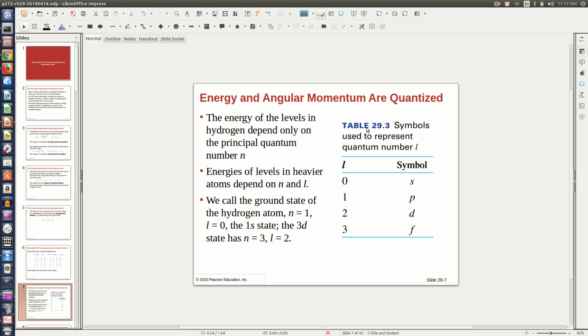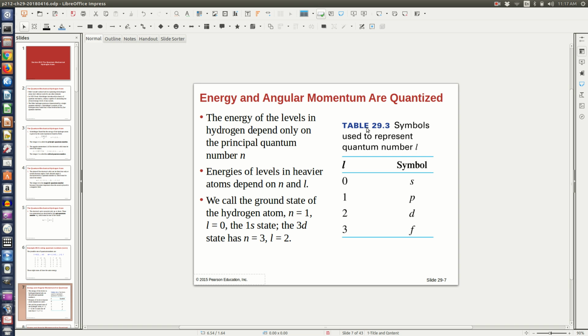The energy levels in hydrogen depend only on n, but for heavier atoms which have more than one electron, it turns out that the interaction of the electrons with each other causes the energy to depend not only on n, but on the angular momentum L of a particular electron.